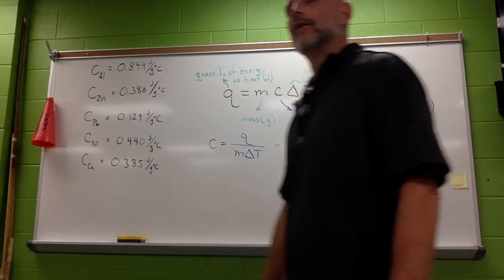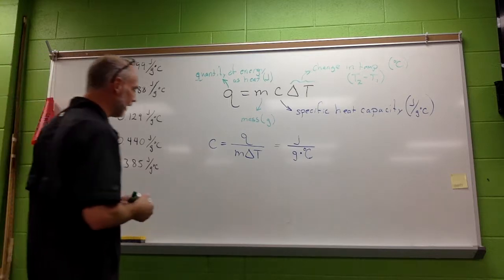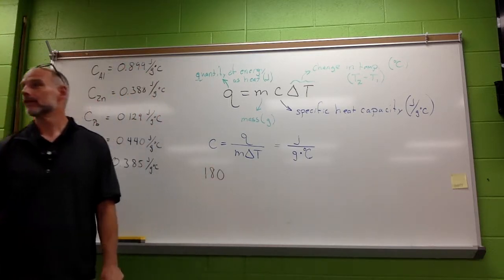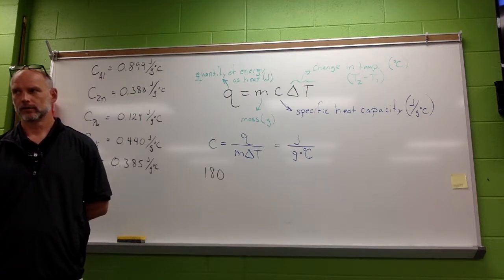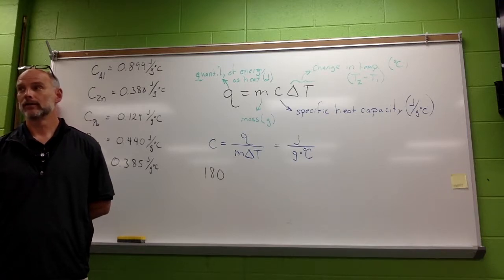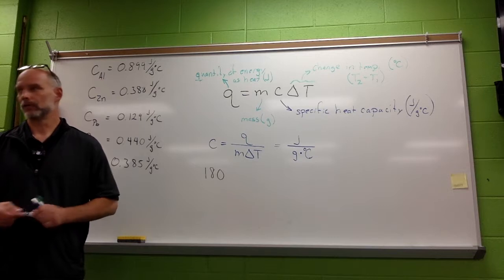Excellent. Great. So what is the caloric value? I'm sorry, what? 180 what? Calories. Are you sure? How is that word calorie spelled? No. Look carefully. Matt, can you help him out a little bit?